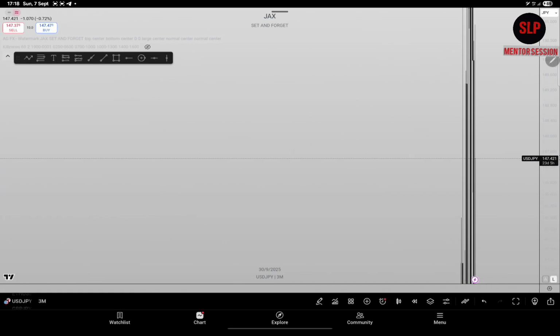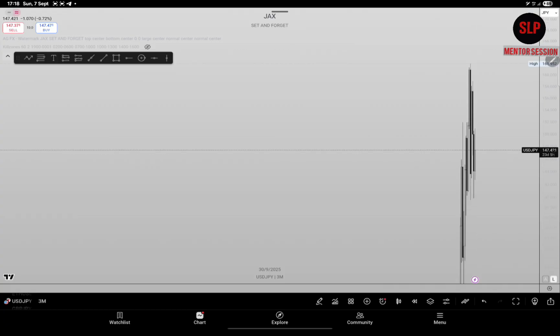Before I start, let me explain to somebody who may be trying to figure out what directional bias is. Directional bias is just you applying your strategy, whatever strategy you use, whether it's support and resistance or anything else, to a higher time frame.